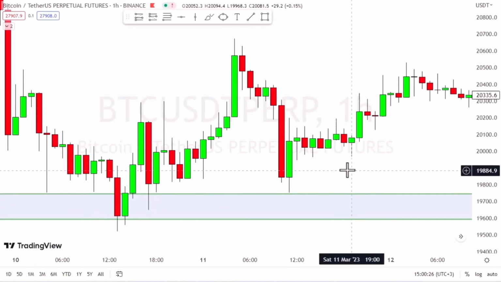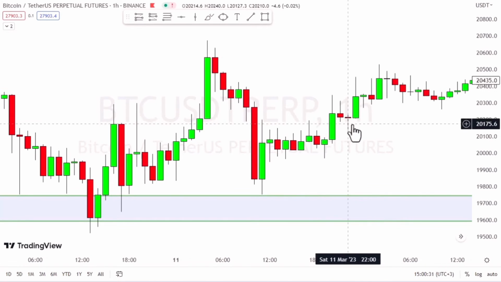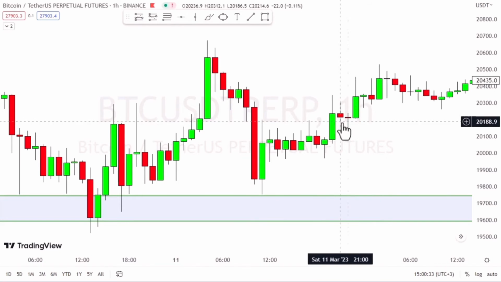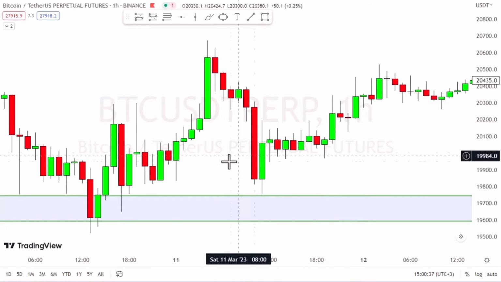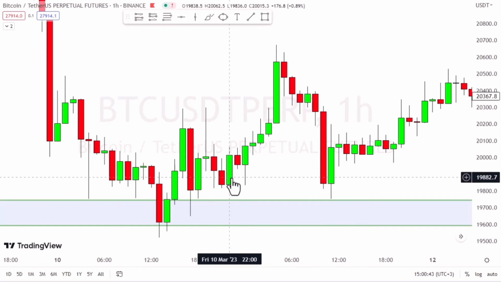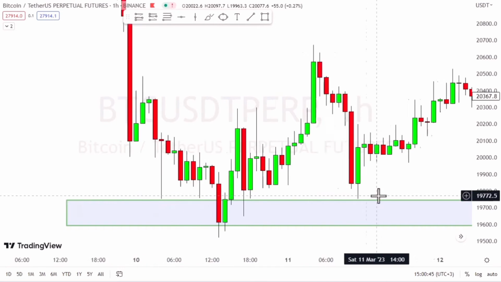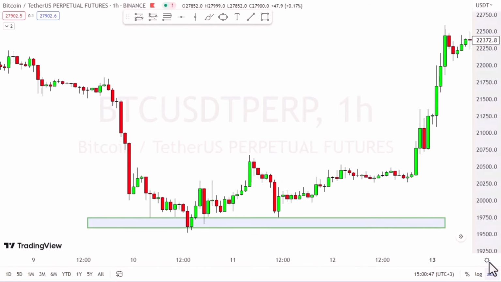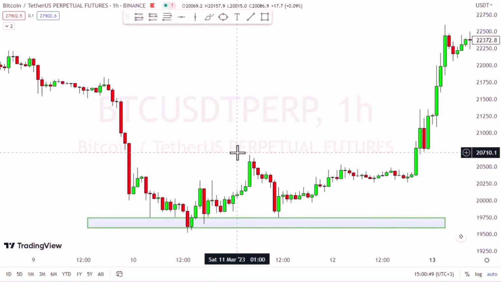For example, this one here, you cannot call this an engulfing because this is a doji. This is not even a body. But in this case, it's a healthy body, and then it's covered completely by the next bullish candle, and it's causing the price to go up. Did it go up? Yes, it went up beautifully.